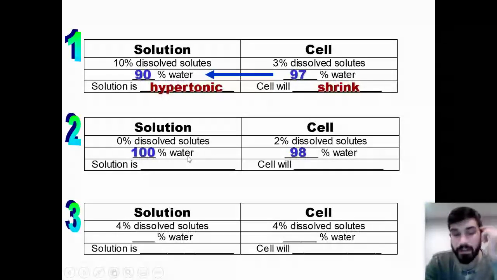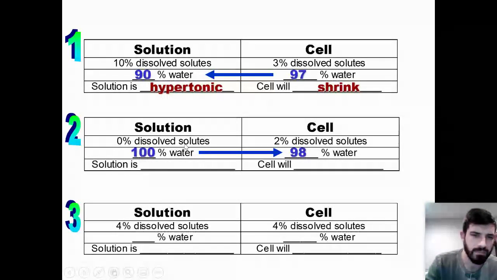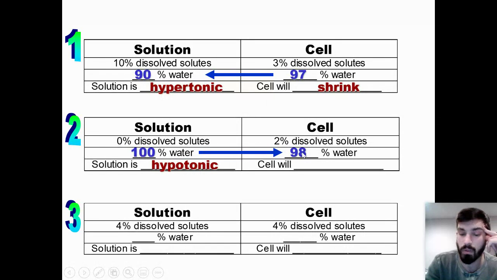Hopefully you were able to figure, well, there is more water in this solution than in the cell. So then that means the water is going to go into the cell, which would mean that this is going to be a hypotonic solution, right? And so the cell will do what? It will get bigger.